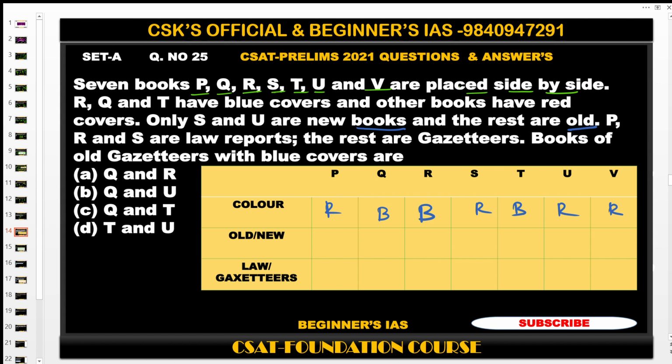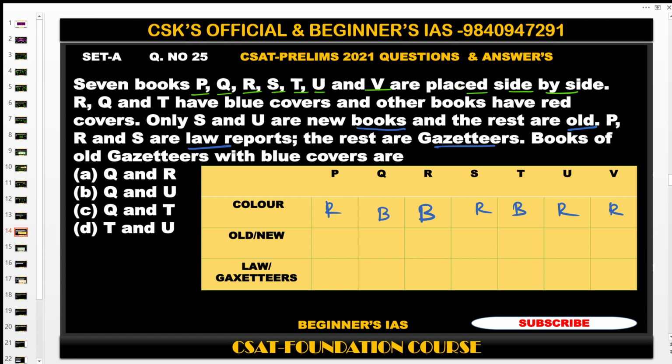Now P, R and S are the law reports and the rest are cases. So you need to consider the books in a single row. Now apply, then we will easily get the answer. First of all, take the old and new books. S and, so this is the new book.